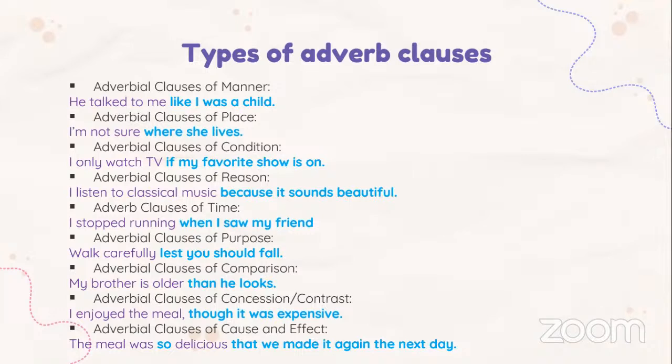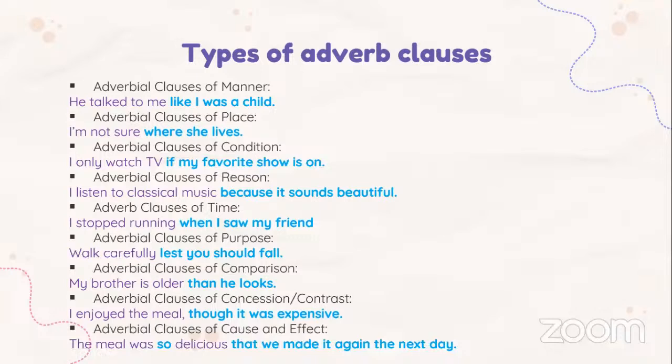An adverbial clause of place describes where the action in a sentence's main clause takes place and uses words like where, wherever, and everywhere. For example, you can find sentence number 2: I'm not sure where she lives. So you can find the whole sentence here, and in blue, you can find the clause of place, where she lives. Okay.